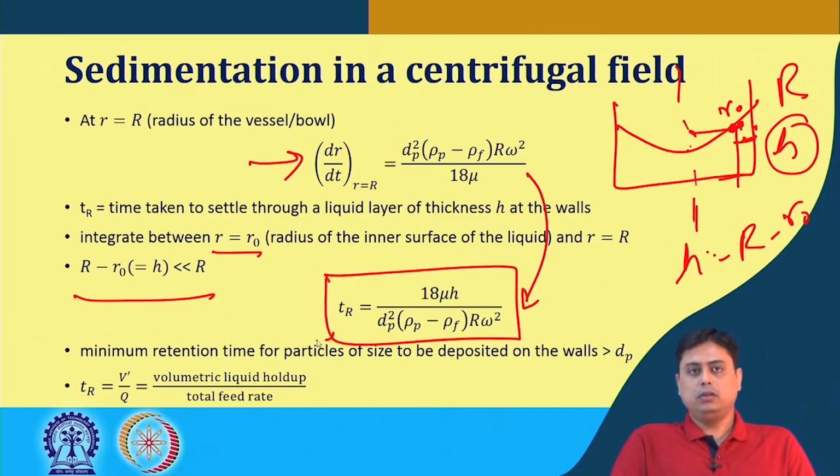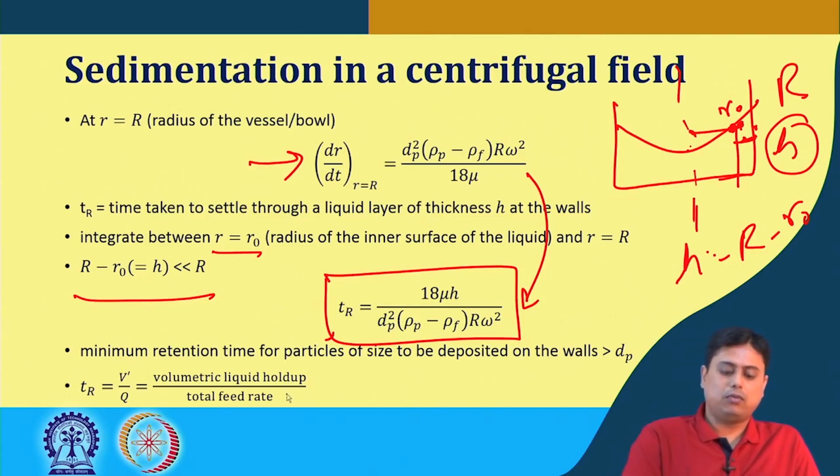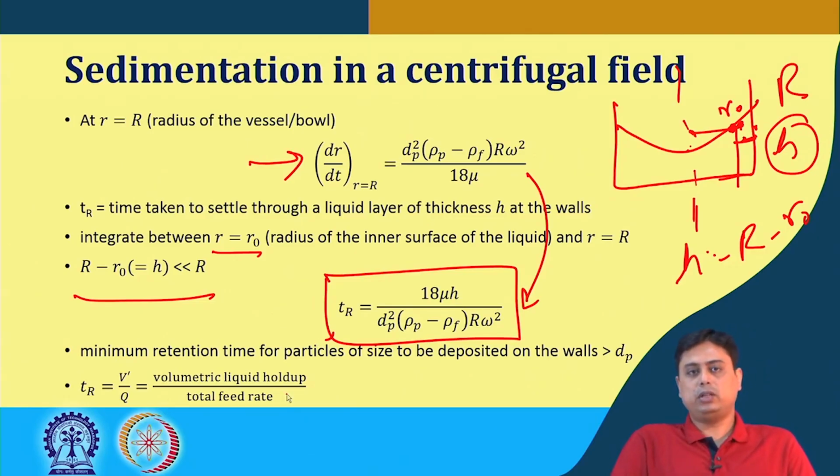So, we have derived that this is the time required for the particle to travel from the free surface of the liquid, the inner surface, to the wall. So, this can be also thought of as the minimum retention time of the particle of size greater than dp that is required to be deposited on the wall. And again this retention time can be written in terms of volumetric liquid hold up divided by the total flow rate.